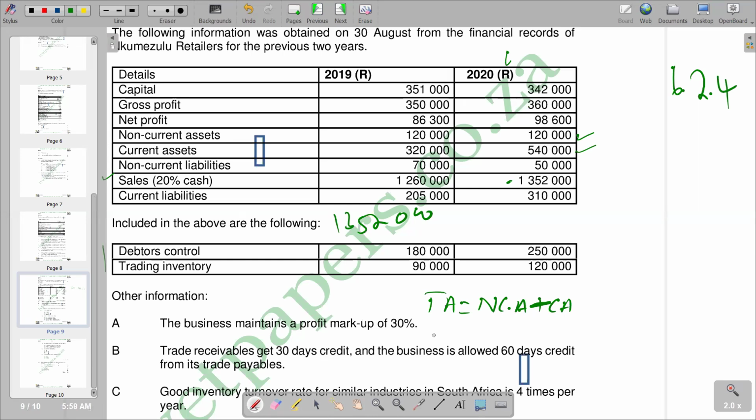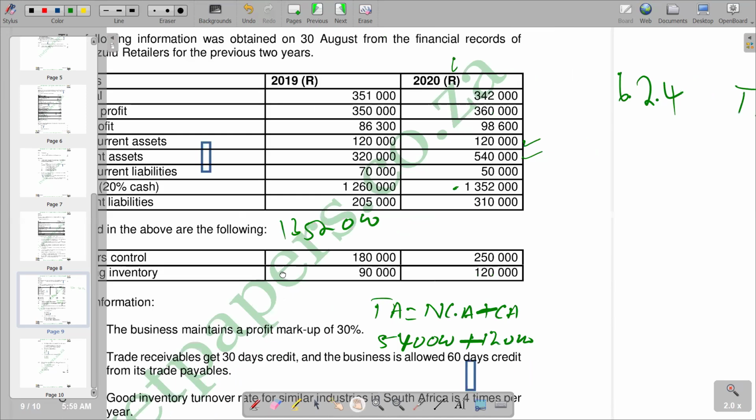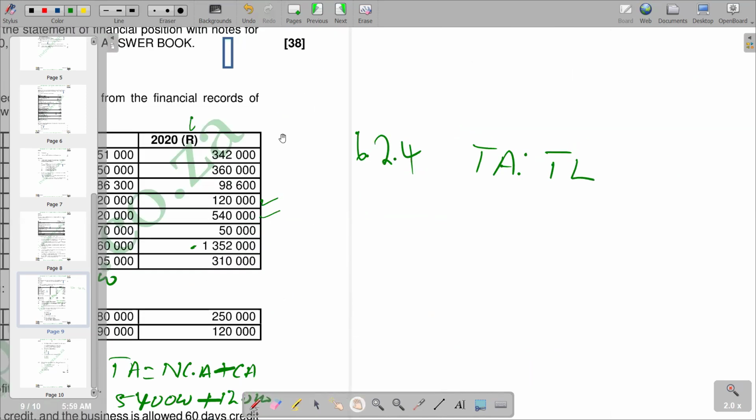So we are saying 540,000, and then we add 120. This one will give us the total assets.